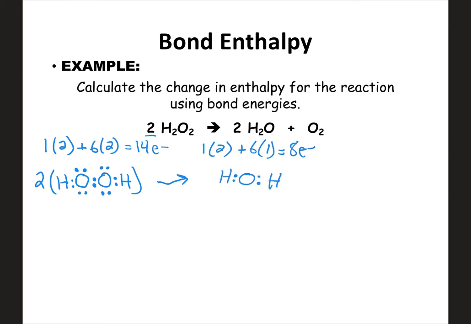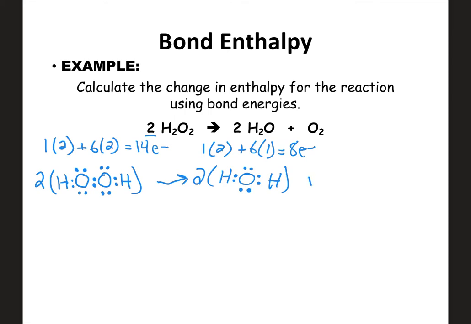They have to share at least a pair with the center here, and then make everybody happy. The hydrogens are happy with just 2. Oxygen needs 4 more to be happy. When I check my number, I do have 8, and that matches the number I should have. So that's the structure of water, but again, there are 2 of them. So you do have to pay attention to that. If you're breaking one of the bonds in the water, you're actually breaking 2 of them because there are 2 waters.